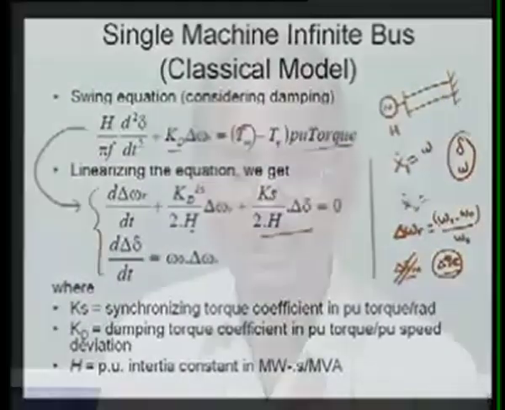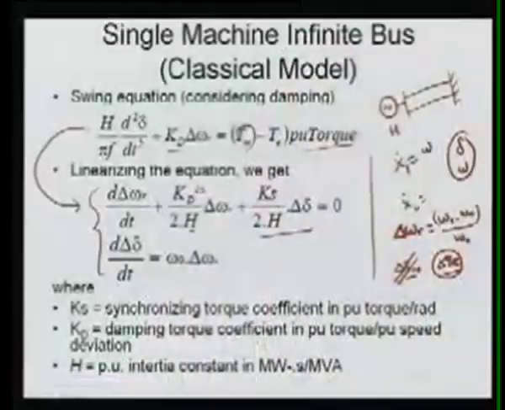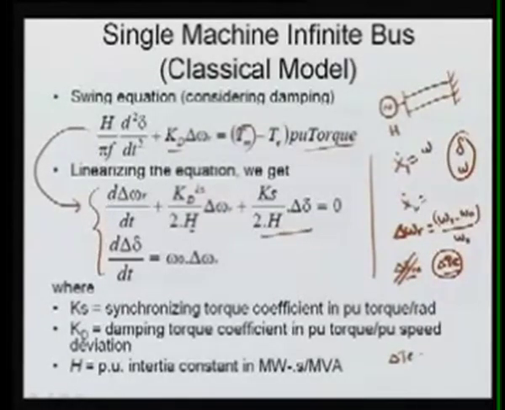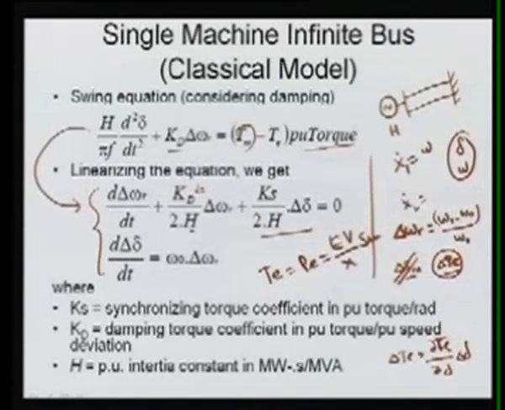What is this Te? If you are differentiating this Te, we can get the change in Te, which is dTe by d delta times the change in delta. The change in Te will be in per unit. The Te will be equal to Pe, and that is E into V divided by X sine delta.